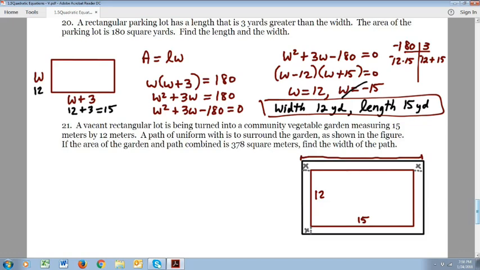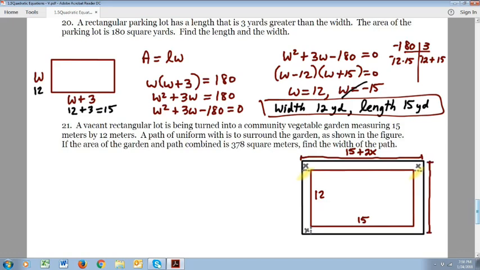So notice the length here is made up of the inner rectangle, which has a length of 15, and then we've got these two x lengths, and so that whole length there is going to be 15 plus 2x. So the 15 is basically the red length there plus 2 x's, and that makes up that whole length of the path and the garden combined.